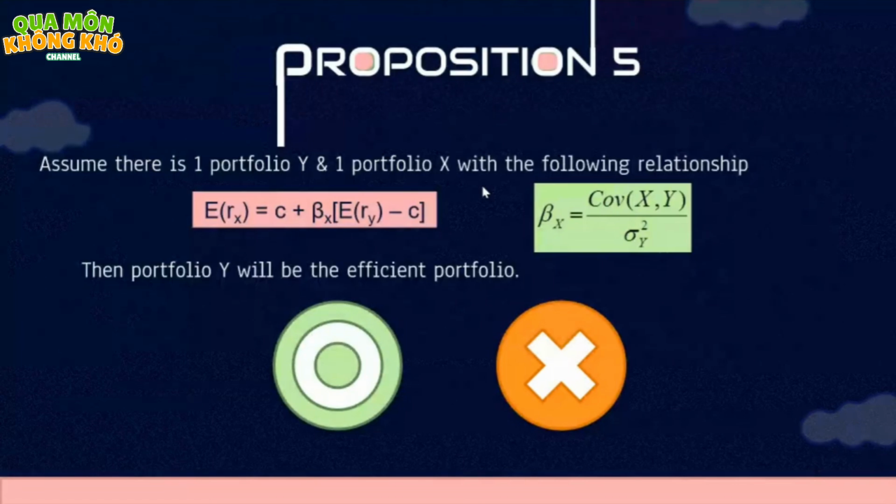Proposition 5 says that, assuming there is one portfolio Y and one portfolio X with the following relationship, then portfolio Y will be the efficient portfolio.